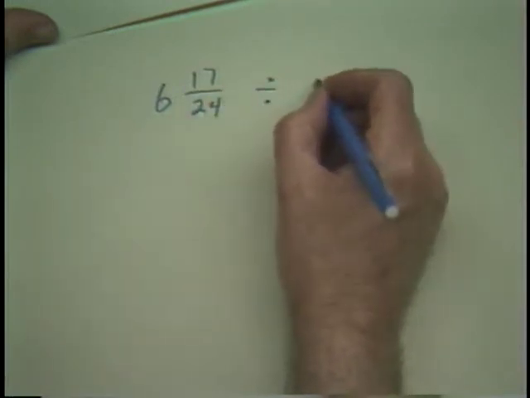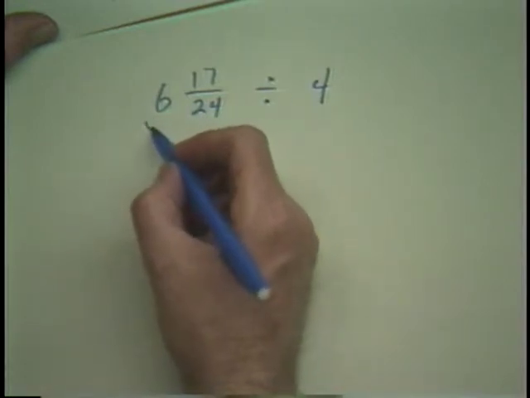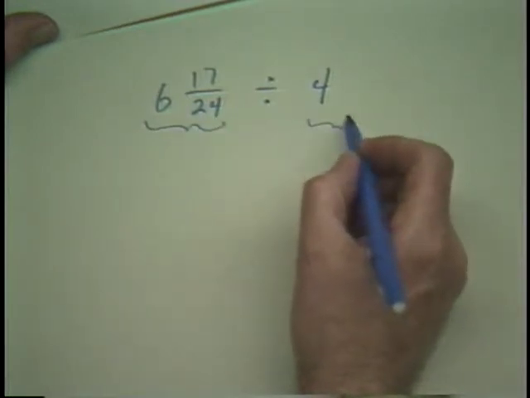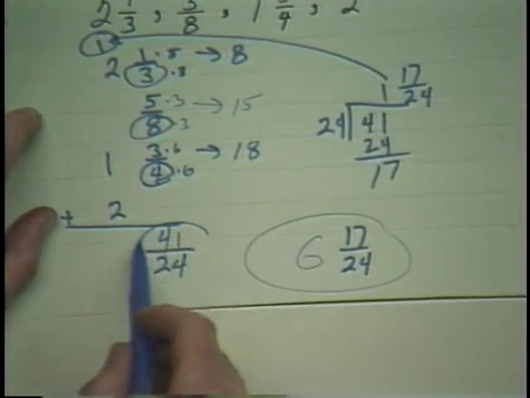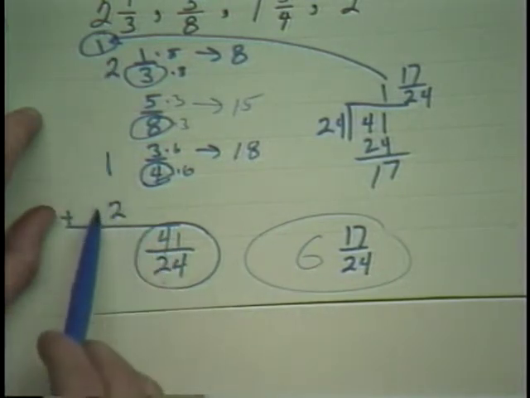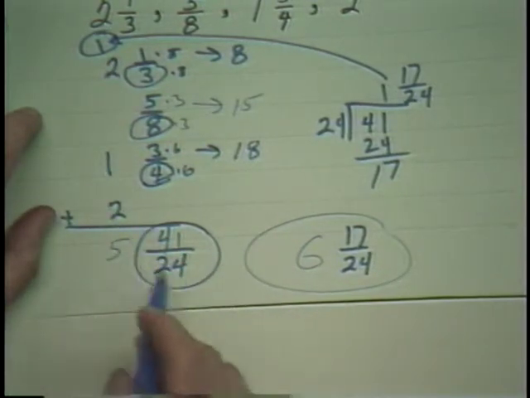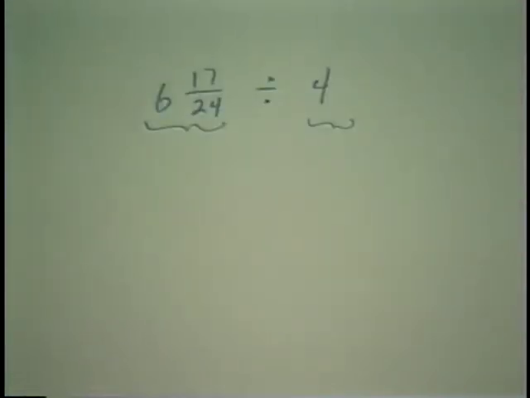divided by 4. Now to divide mixed numbers, we change both of them to fractions. But you notice here, I might just as well have left this as 41/24s and add these and get 5, because I'm going to have to change to an improper fraction anyway. But in this case, we'll do it here.